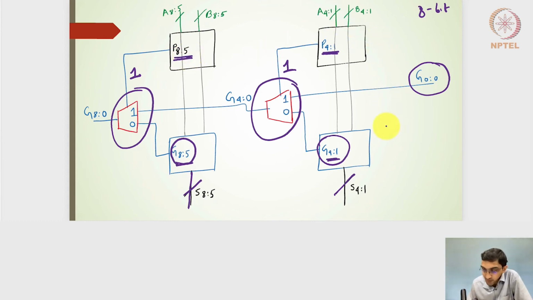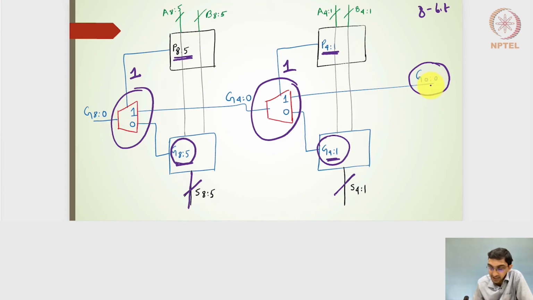So it may not be advantageous if I have only 4-bit addition, but it will be advantageous if I have a higher order adder subsystem block design, right? For 16-bit addition or 32-bit addition, it will directly skip producing 30 is to 0 or 29 is to 0.